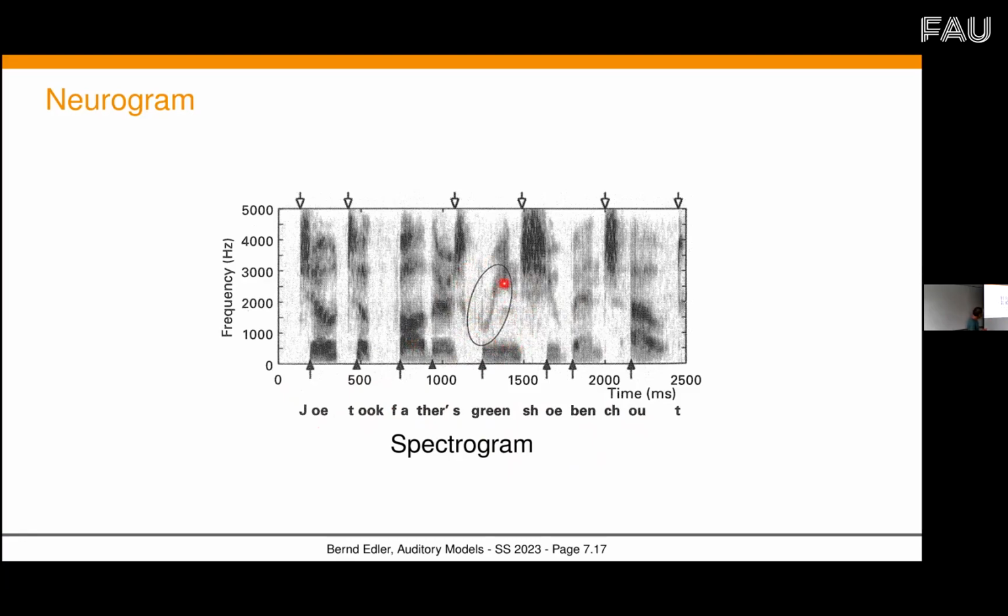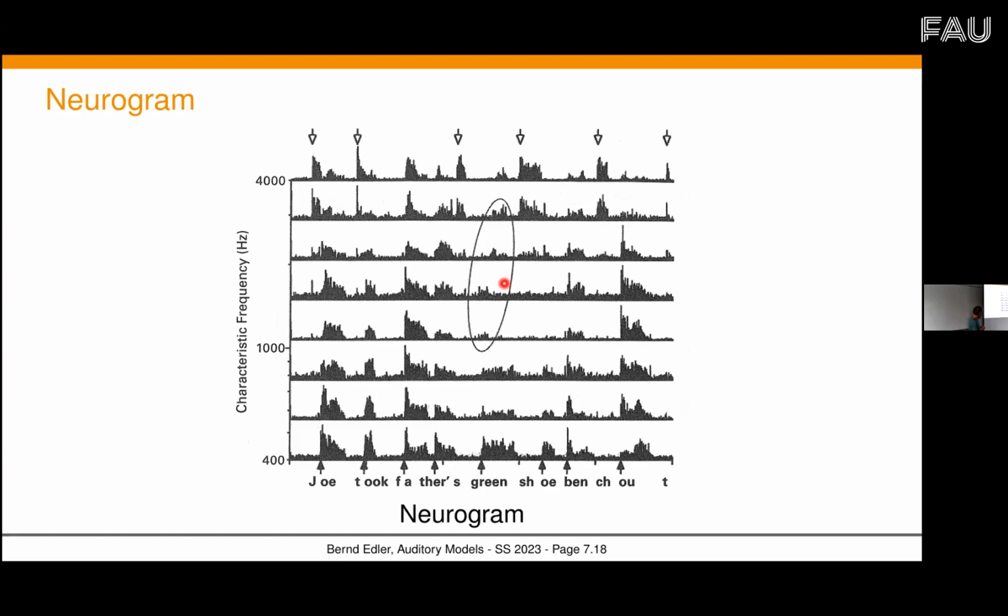And this is then again marked in the next graph, which shows not as continuous as a spectral analysis, but if neural activities are measured at different characteristic frequencies, this is a bit more sparsely sampled, but the neural activity and the spike rates are measured at different neurons at the same time.